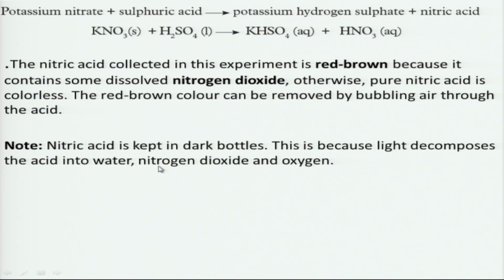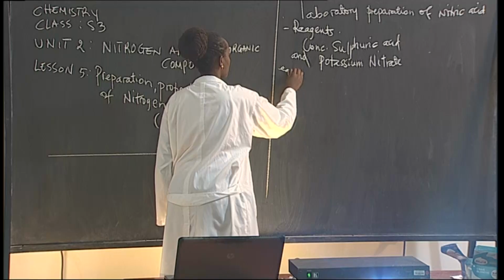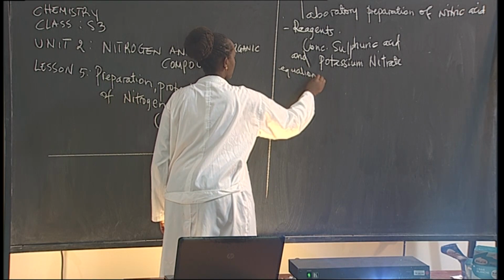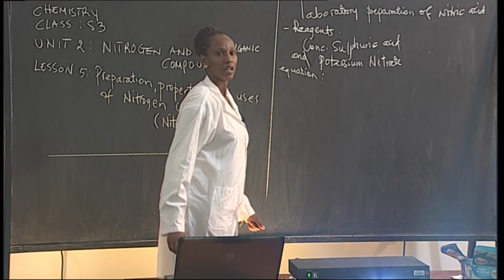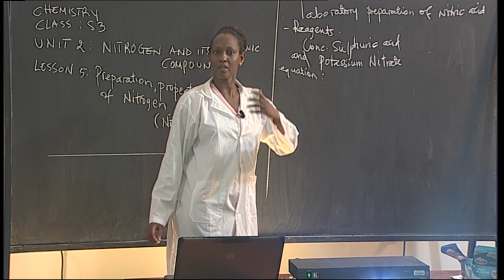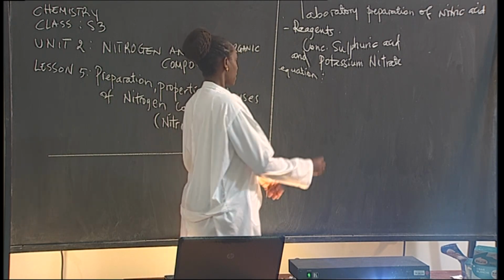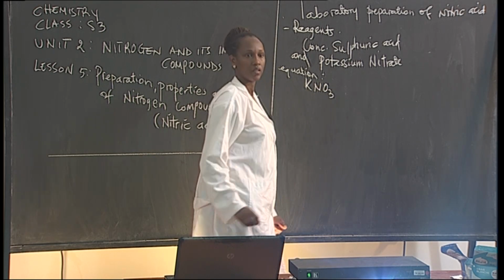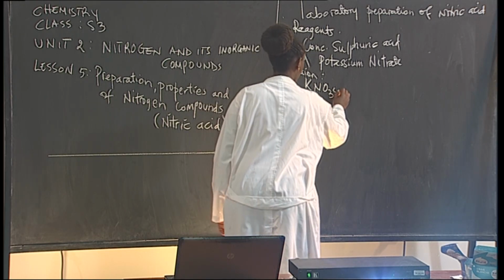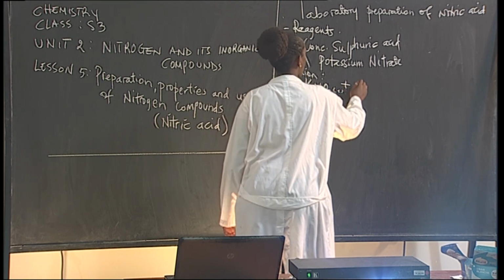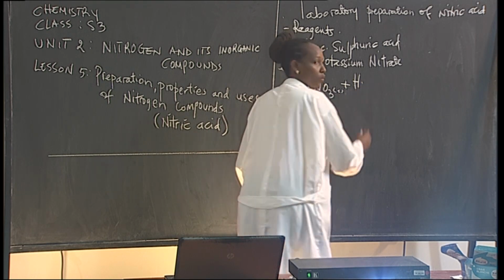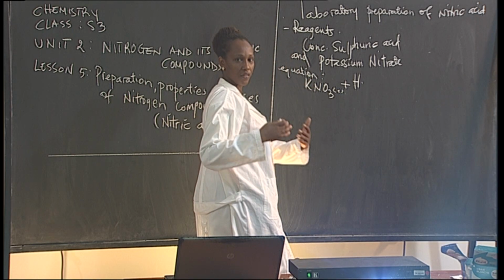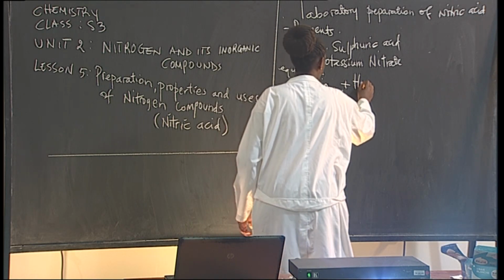All right? So the equation now. You need to know the equation. I told you this is very important, the equation of reaction. So when potassium nitrate, which is solid, reacts with concentrated sulfuric acid, how do you know this is concentrated in an equation?